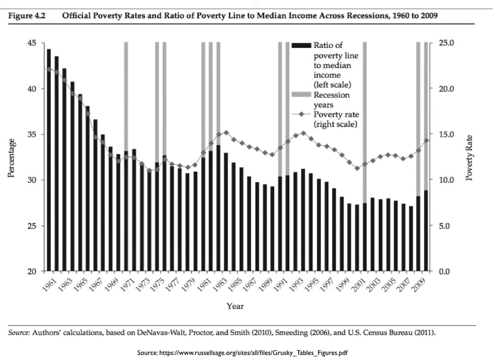Moreover, the official poverty threshold has gotten more out of date with time. So in the early 1960s, the poverty line was a pretty good reflection of how many people were below median income, and that's actually a standard that many other nations use to measure poverty.